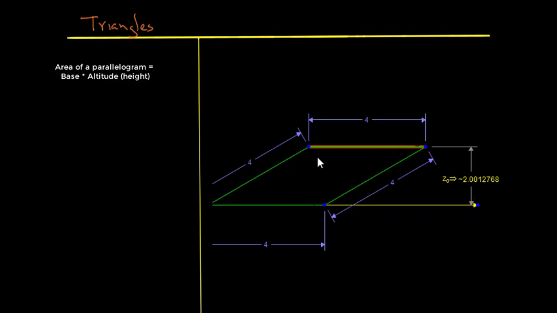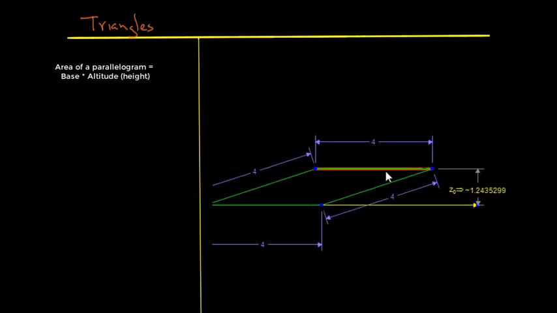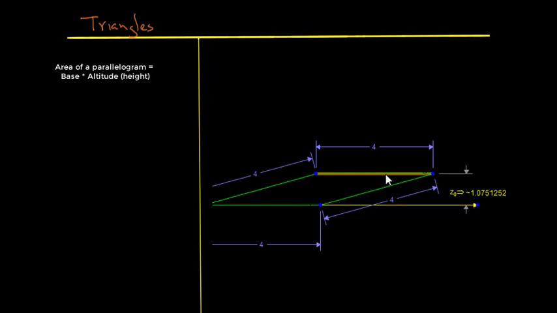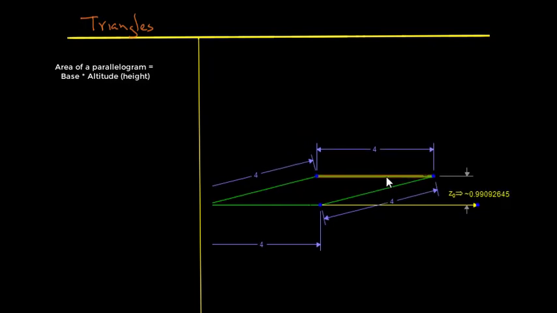So the area is now only at about 8. And we could go even more, someplace close to 1. And just by changing the angles, we have now decreased the area down to 4. You can see we've got a base of 4 and a height of approximately 1.